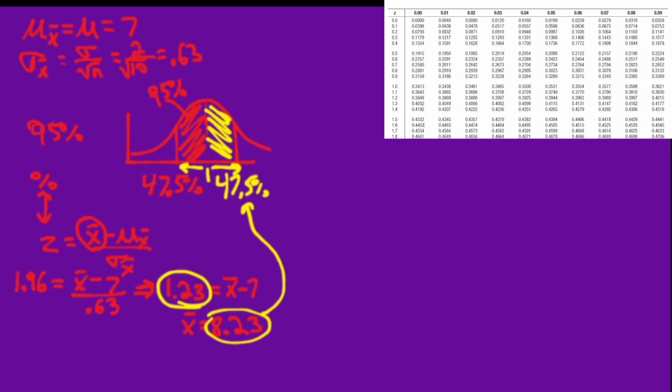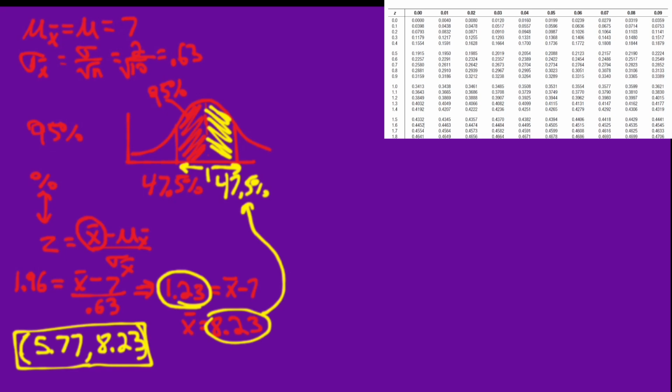Okay, so that becomes, what would that be? That would be 5.77. So the window between 5.77 and 8.23 is going to give us 95%. Okay, and sometimes you'll see it written this way, usually with some brackets around it.